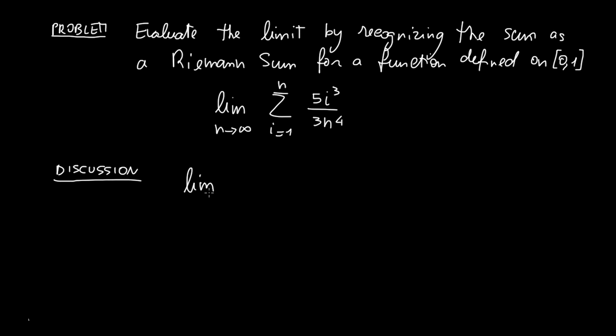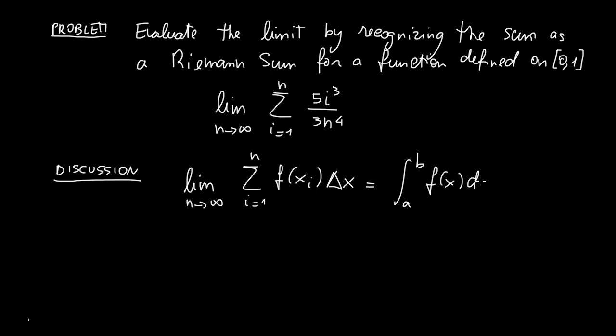So the limit for n that goes to infinity of the sum with i that goes from 1 to n of f evaluated at the point xi times dx is by definition the integral between a and b of the same function f dx, and this is the Riemann sum. So the limit of the Riemann sum is the definite integral.